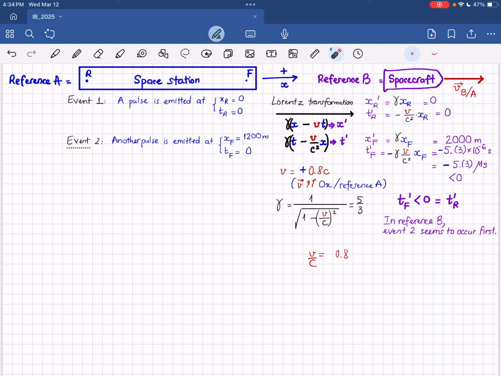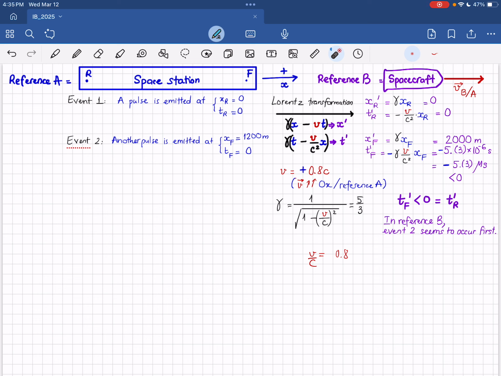Okay. What about F? Just do exactly the same thing. Plug in the values, XF into here, TF into here. Then you can find that XF prime is 5/3 of that value, which should be 2,000 meters.